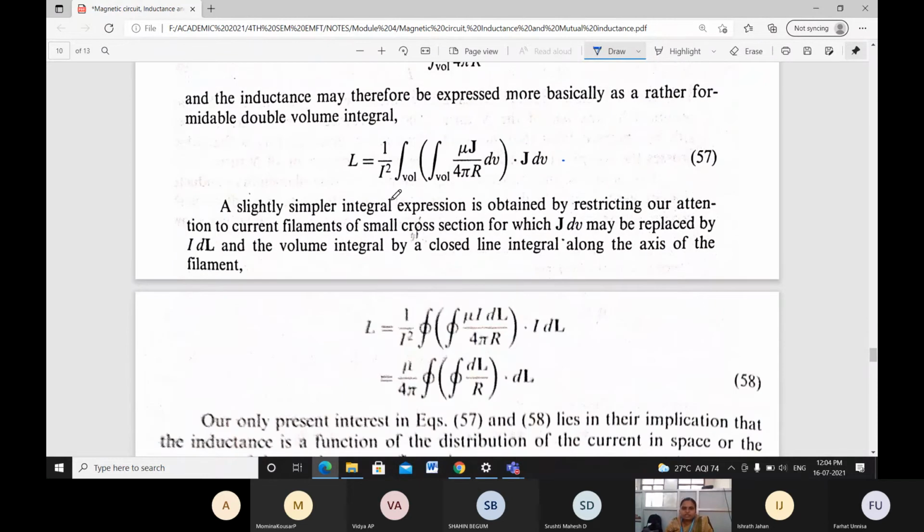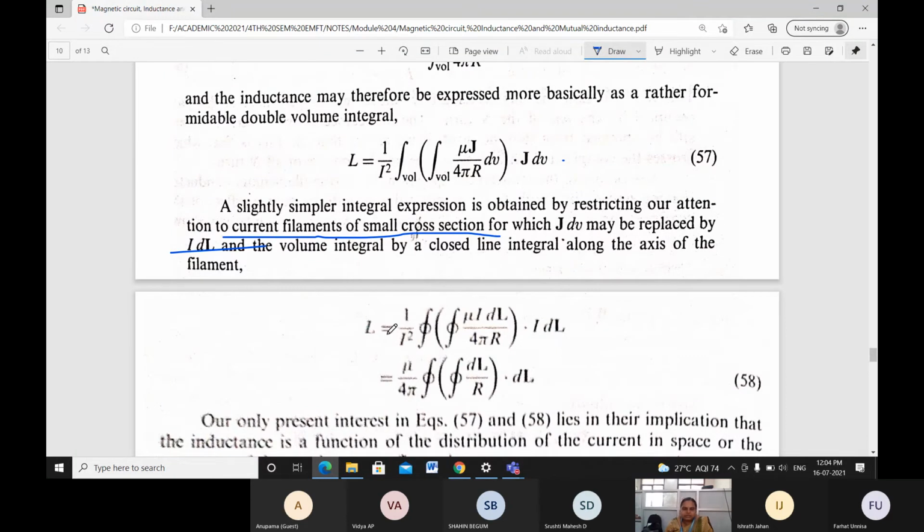This integral expression is obtained by restricting our attention to current elements of small cross section, for which J dV must be replaced by I dl, and the volume integral by the closed line integral.